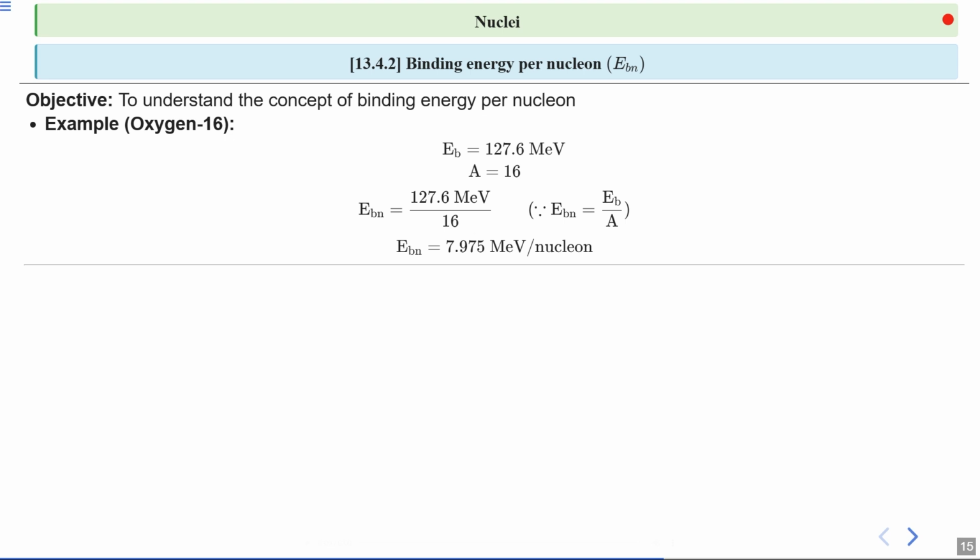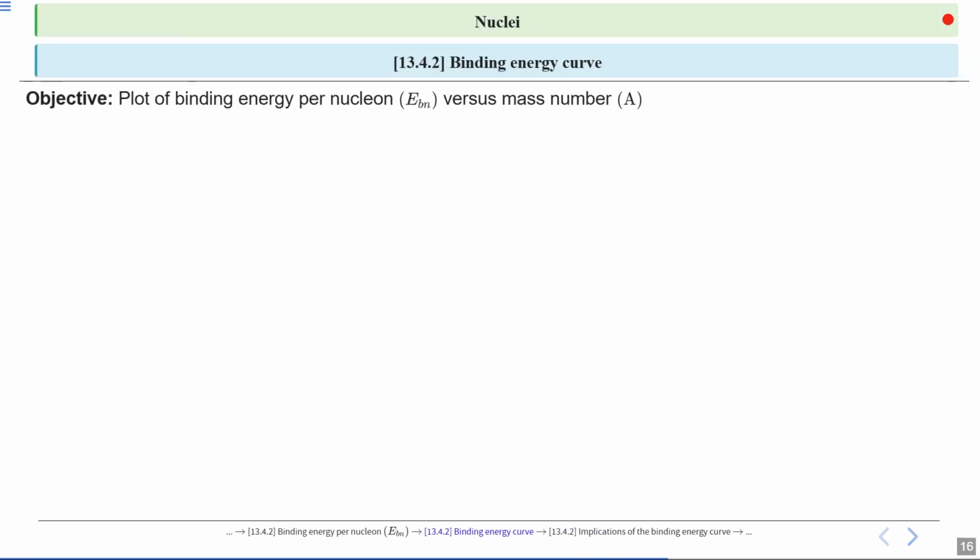After dividing, we find that the binding energy per nucleon for oxygen-16 is 7.975 mega electron volt per nucleon. This value shows us that on average, each nucleon in oxygen-16 is held together by approximately 8 mega electron volt of energy.